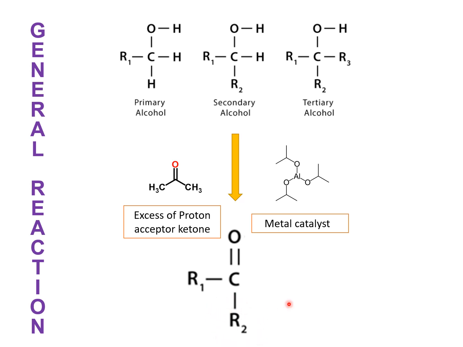But this reaction is not much common. It is used for converting secondary alcohols to ketones. Reaction takes place in presence of some metal catalyst and excess of the proton acceptor. There is no strong acid or strong base required for this reaction. So reaction occurs in very mild conditions.